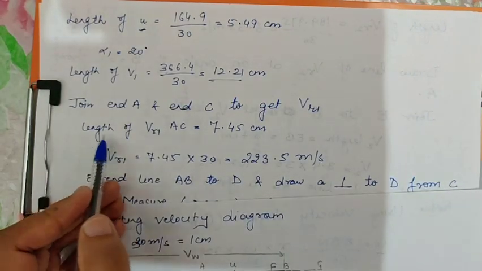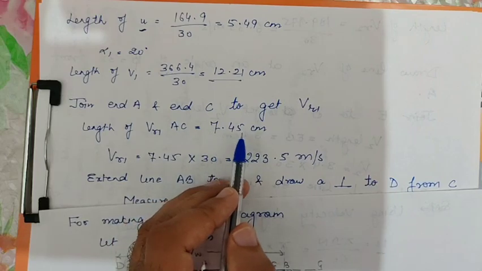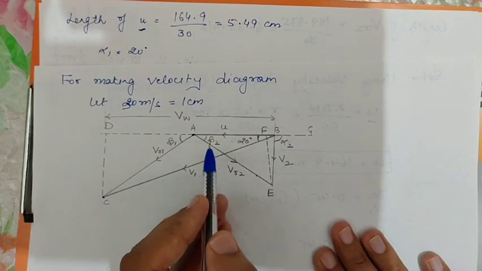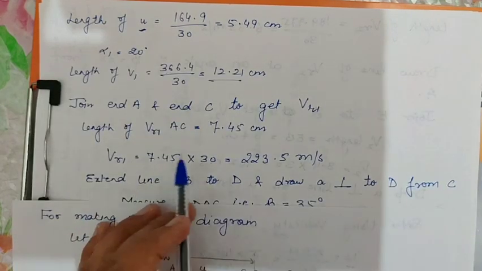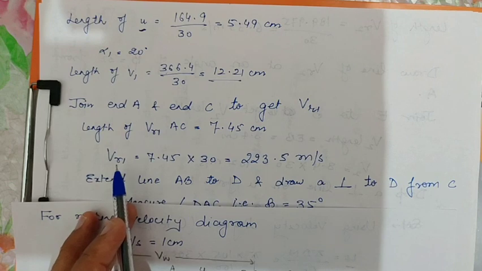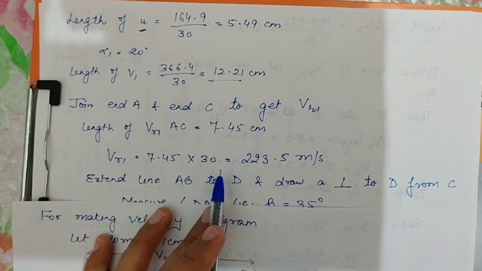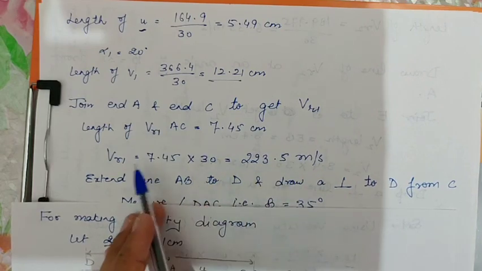So the length of AC, that is VR1, is equal to 7.45 centimeter. So VR1 is equal to the length of VR1 into 30, which will be 223.5 meter per second. So this is the value of VR1.